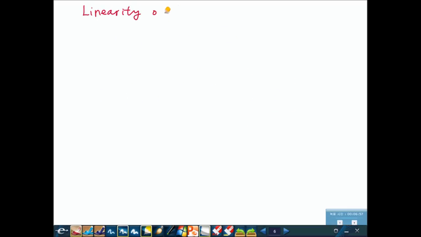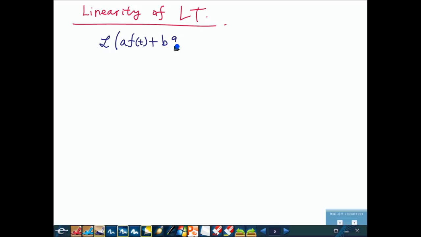Linearity of the Laplace transform. Okay? This is really important. So I'm going to explain linearity of the Laplace transform. Mathematically, this is it. a f of t plus b g of t. Okay? So we have a linear combination of functions, and we are taking the Laplace transform of the whole function.